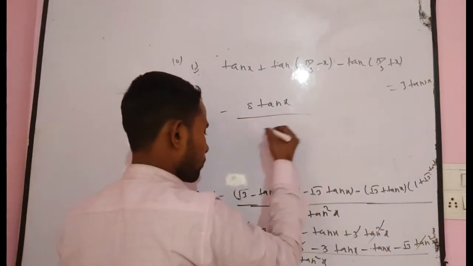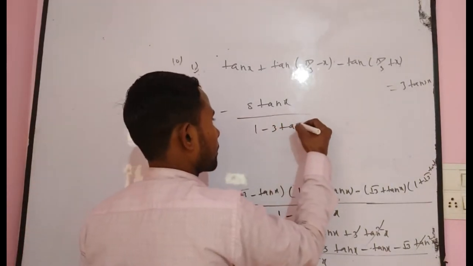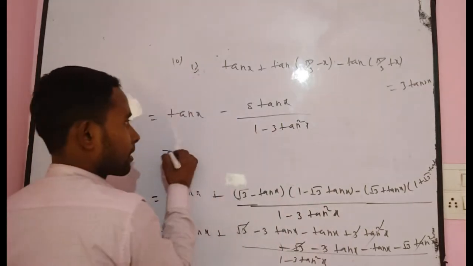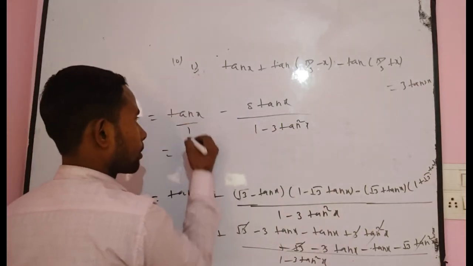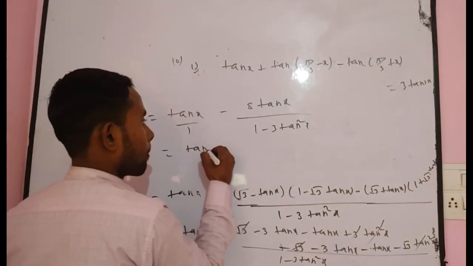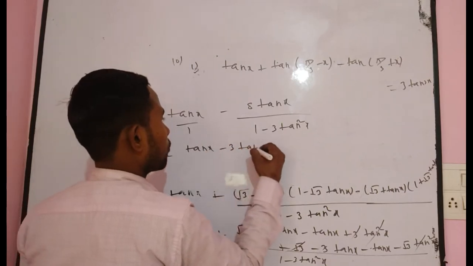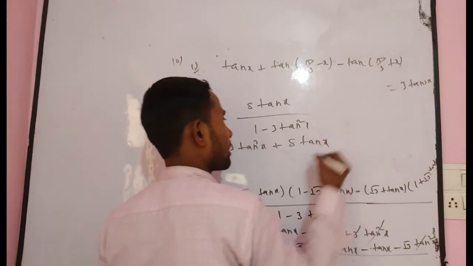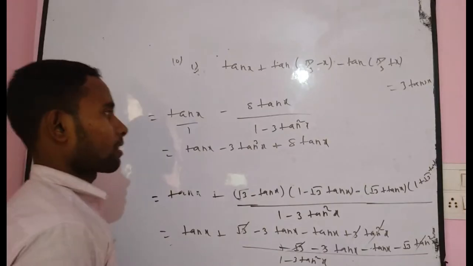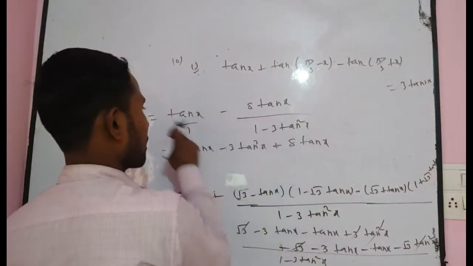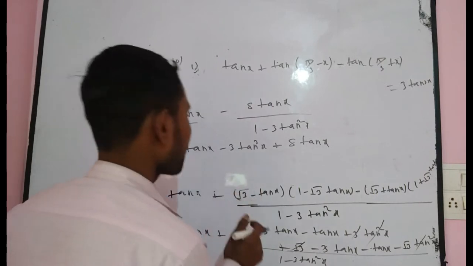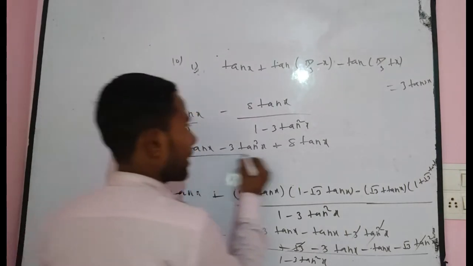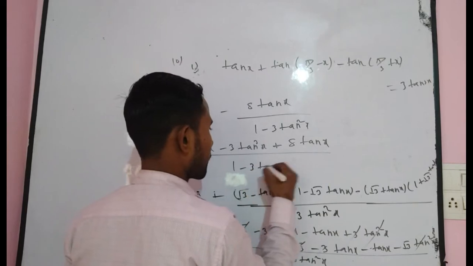Divided by 1 minus 3 tan square x. Now you have to simply take the LCM again. You get tan x minus 3 tan cube x minus 8 tan x. This is this term, and 3 tan cube x I have simply written. Now divided by 1 minus 3 tan square x.